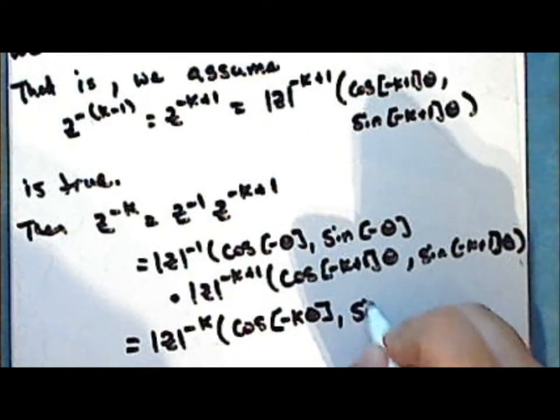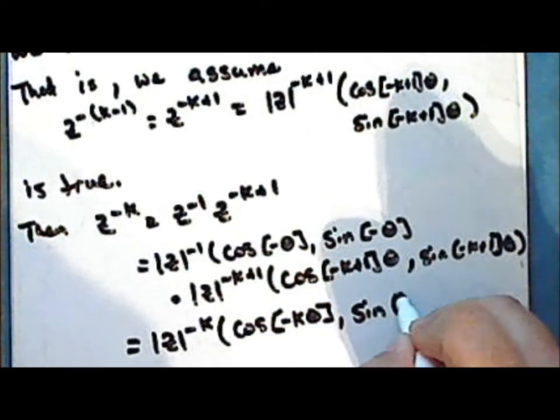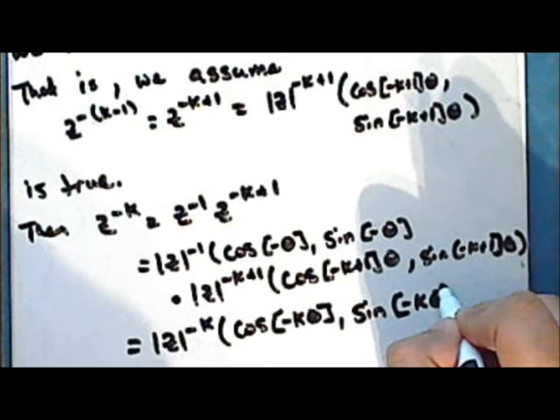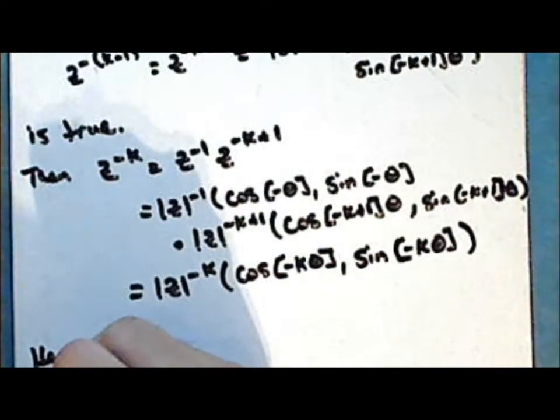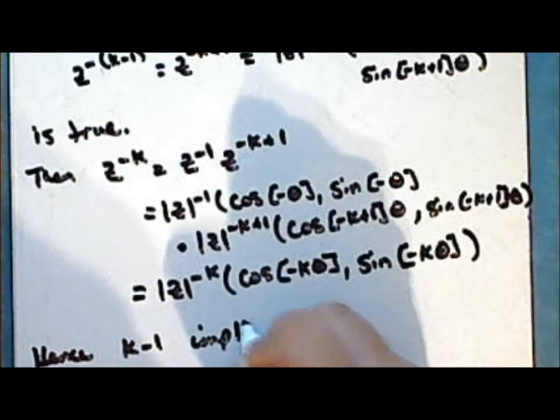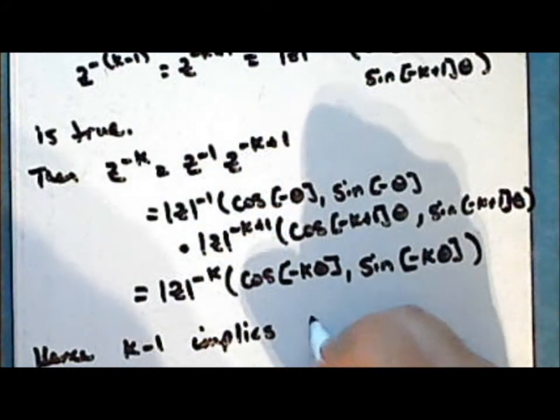And similarly, we have sine of minus k times theta. Hence, the case k minus 1 implies the case k.